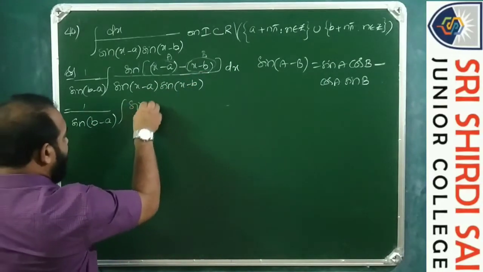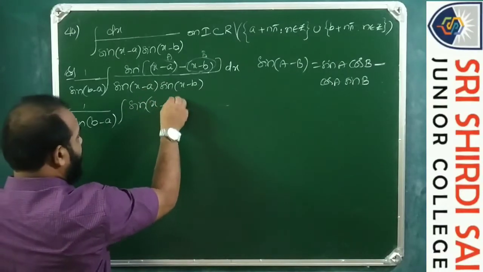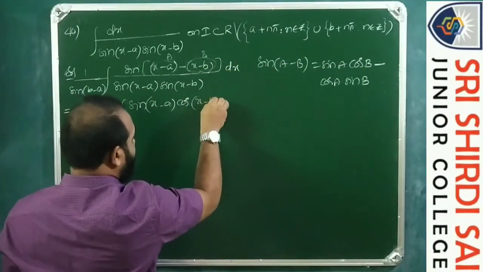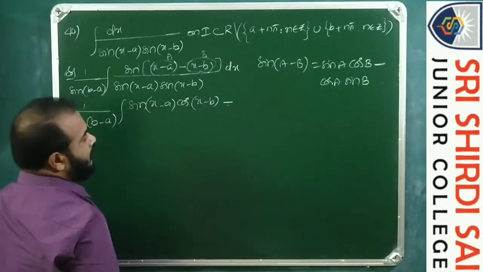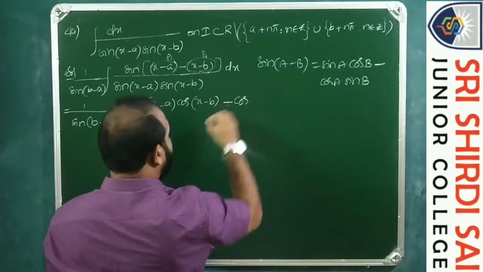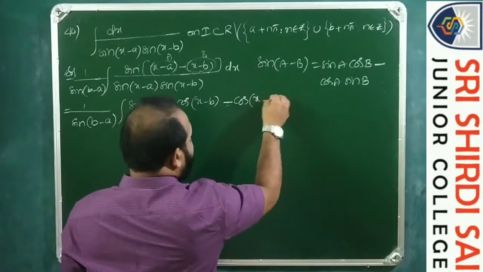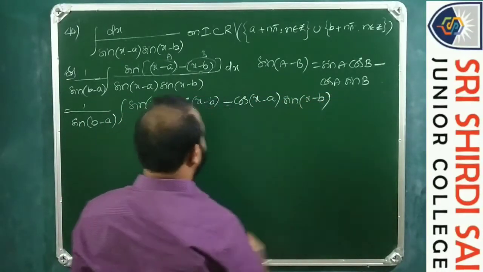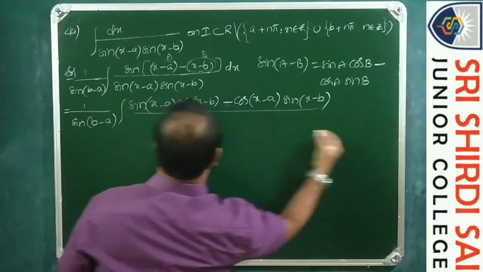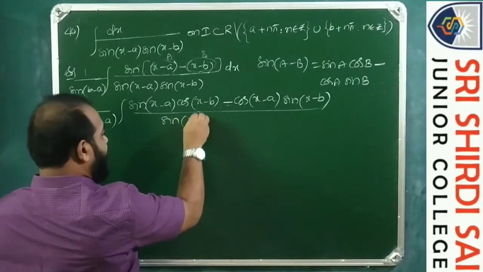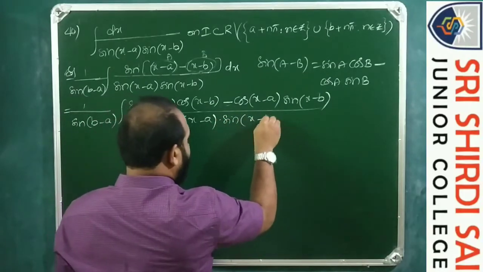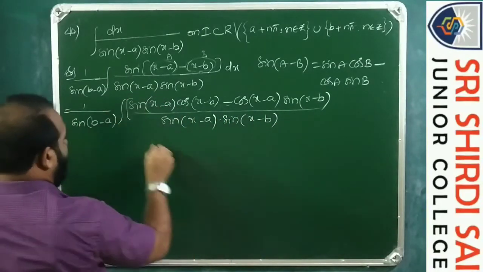So sin a here is (x minus a), cos b here is (x minus b), minus cos(x minus a) into sin(x minus b), by sin(x minus a) into sin(x minus b), whole dx.